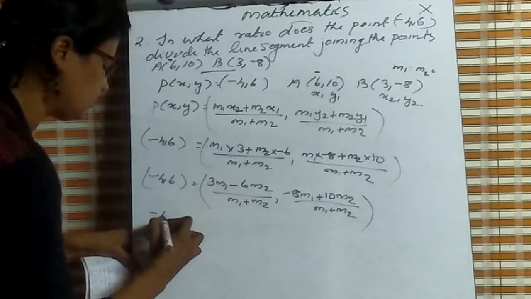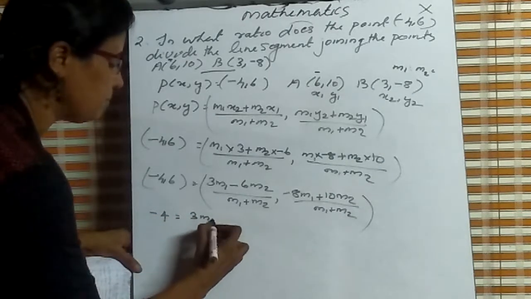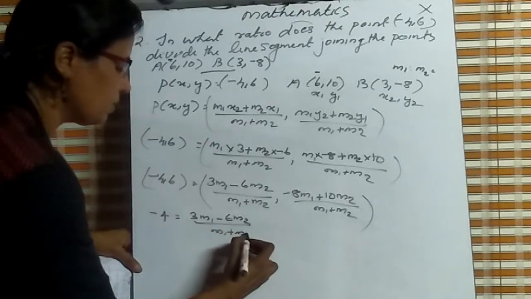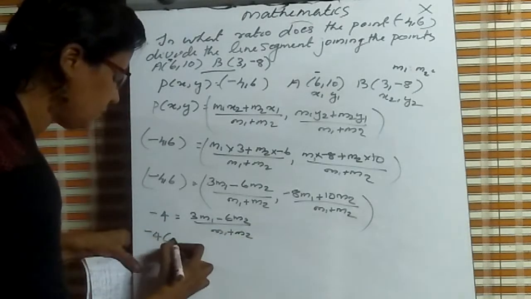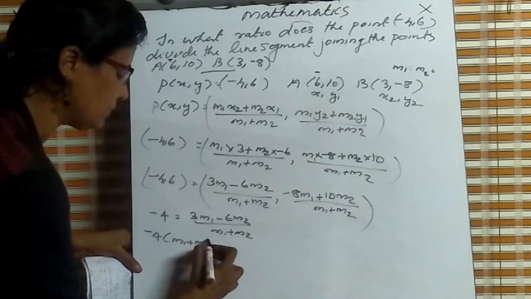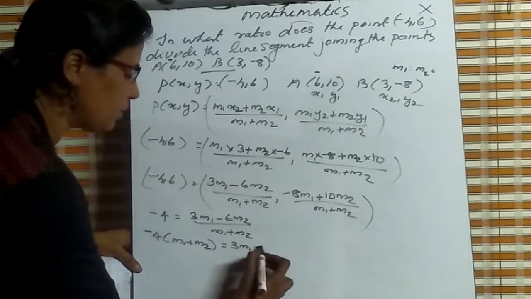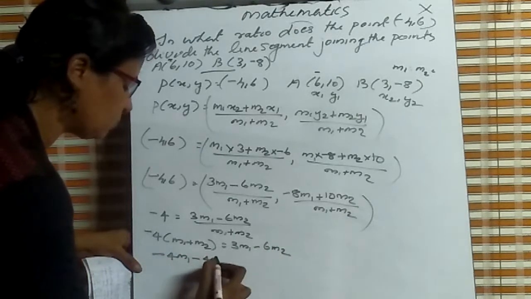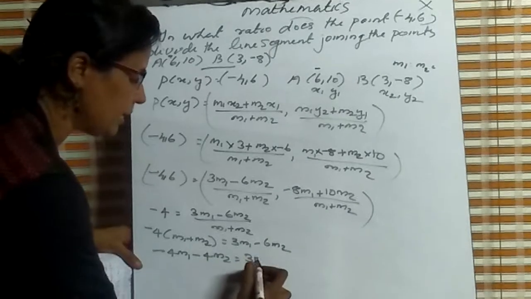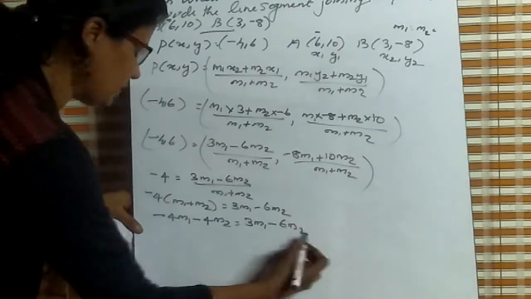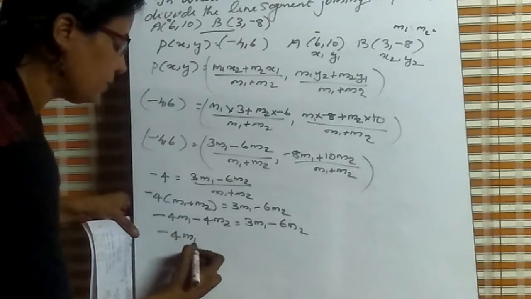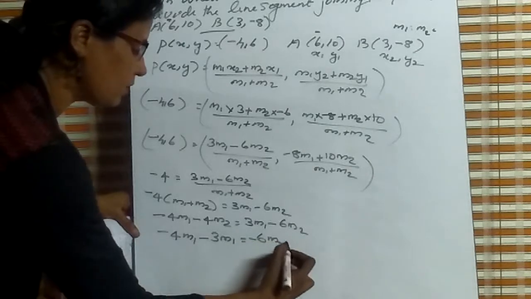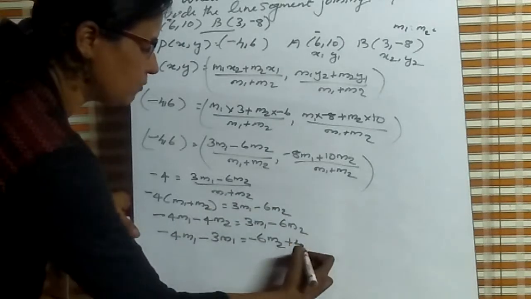First I take minus 4 is equal to (3 m1 minus 6 m2) by (m1 plus m2). Cross multiplication. Minus 4 into (m1 plus m2) is equal to 3 m1 minus 6 m2. Minus 4m1 minus 4m2 is equal to 3m1 minus 6m2. Minus 4m1 minus 3m1 is equal to minus 6m2 plus 4m2, since minus 4m2 goes to the right side.